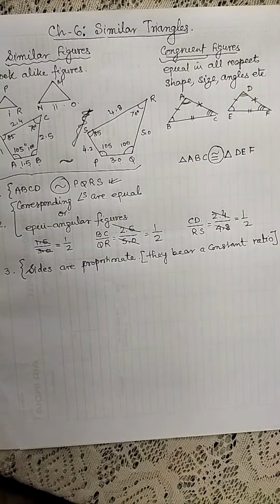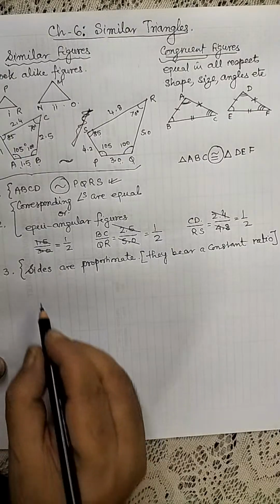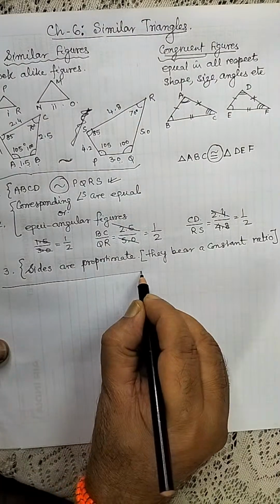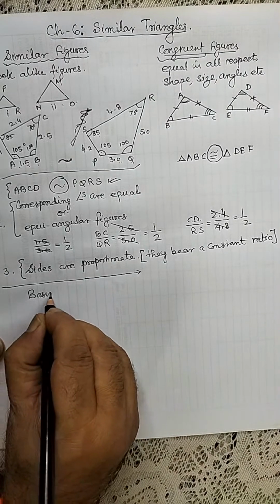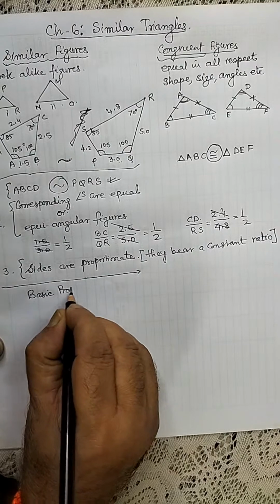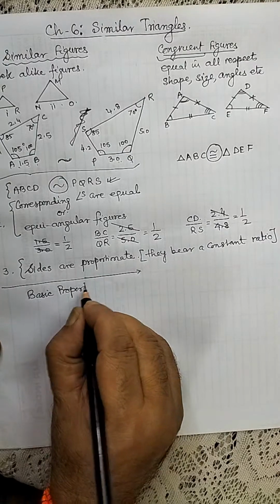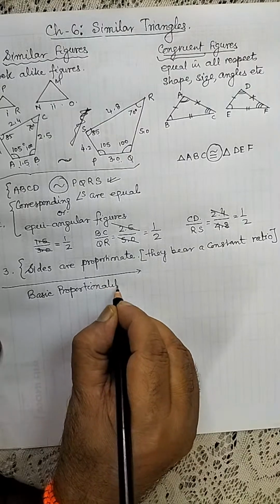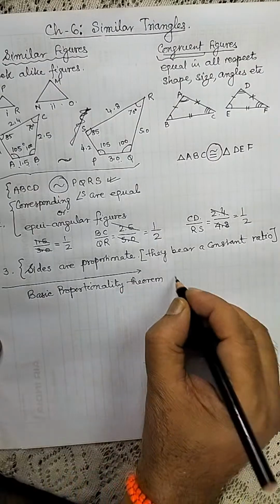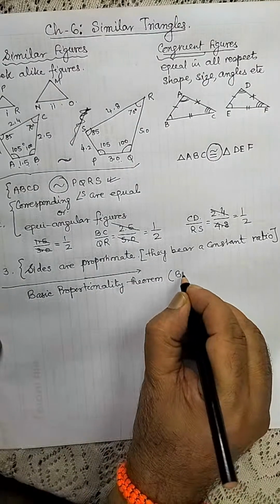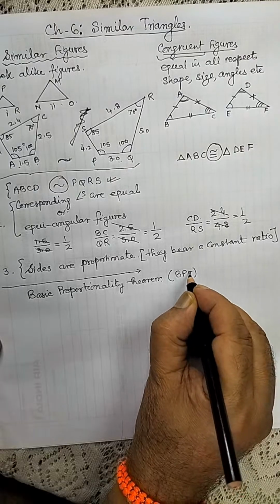Okay. Now let us specifically start talking about triangles. The very first and important theorem which you have in class 10 is the basic proportionality theorem. In short, we call it BPT. Fine.